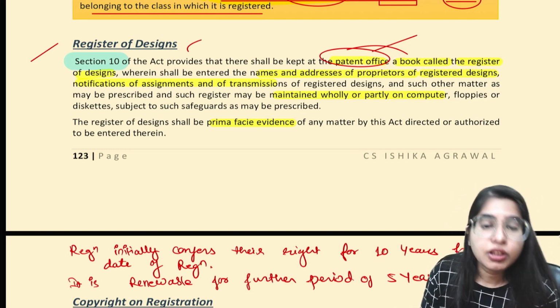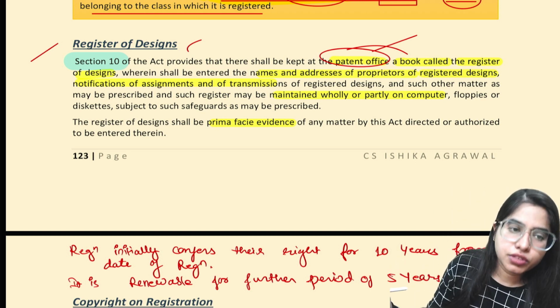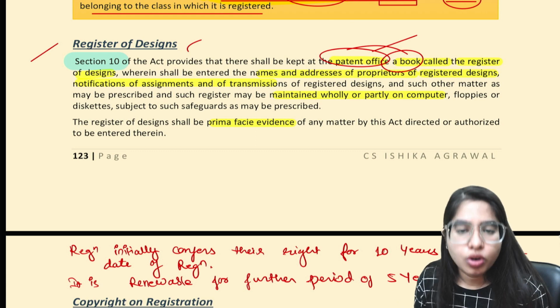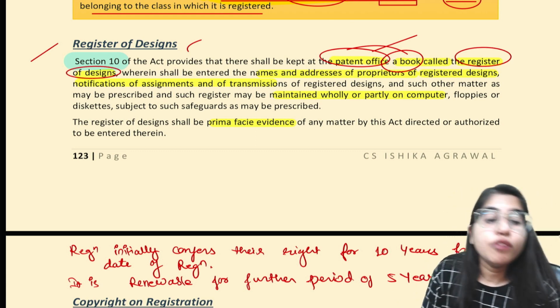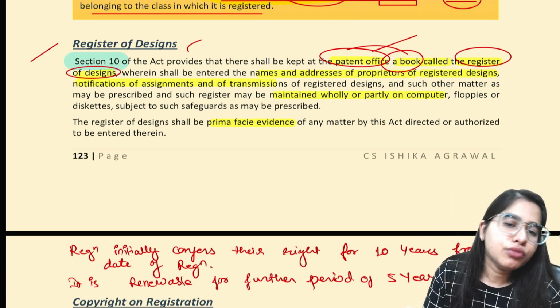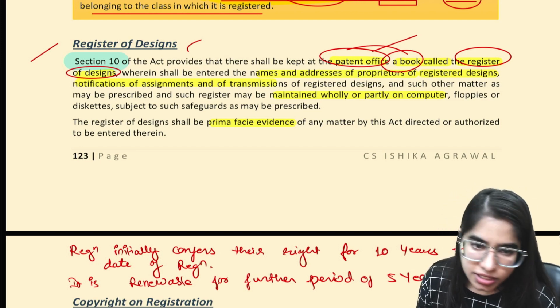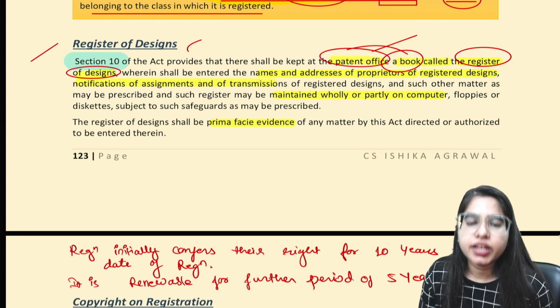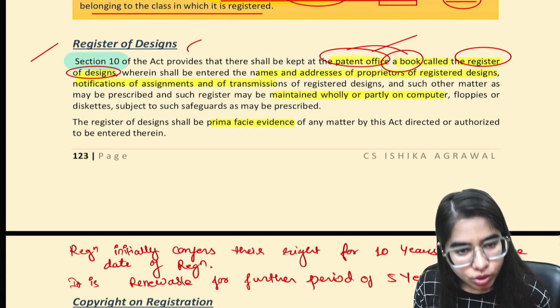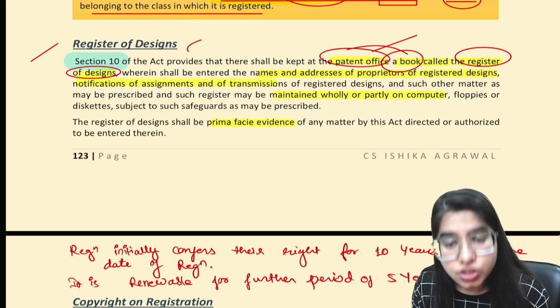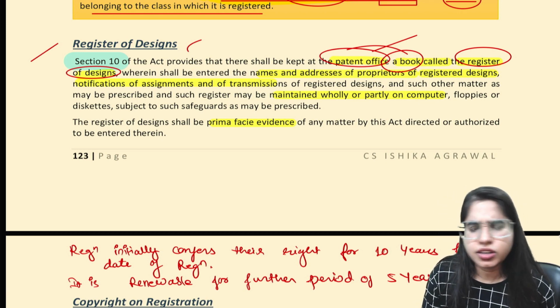Every patent office, that is the government patent and design office, has to maintain a book or register called the register of design. In that register we maintain all the registered designs in India, along with the name of the proprietor, the address of the proprietor, and design details.